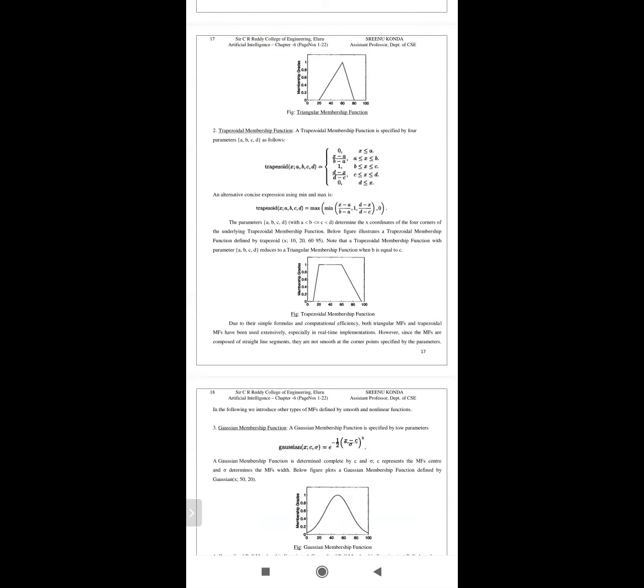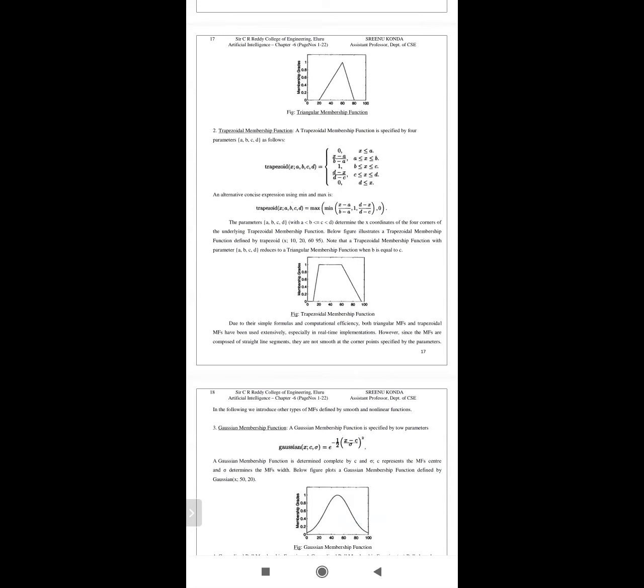However, since the membership functions are composed of straight line segments, they're not smooth at the corner points specified by the parameters. So one disadvantage is that, as they are straight line segments, they are not smooth at the corner points.